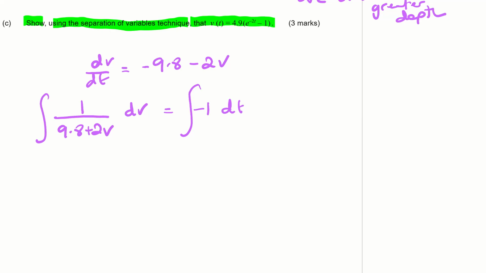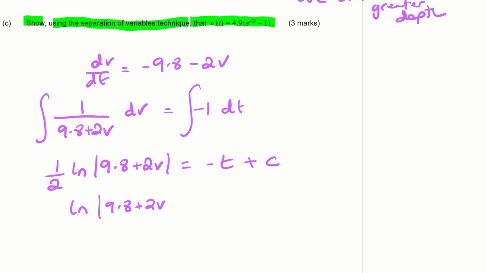So don't forget reverse chain, half log mod 9.8 plus 2v would be equal to negative t plus some constant. And so ln of 9.8 plus 2v would be equal to negative 2t plus a constant.